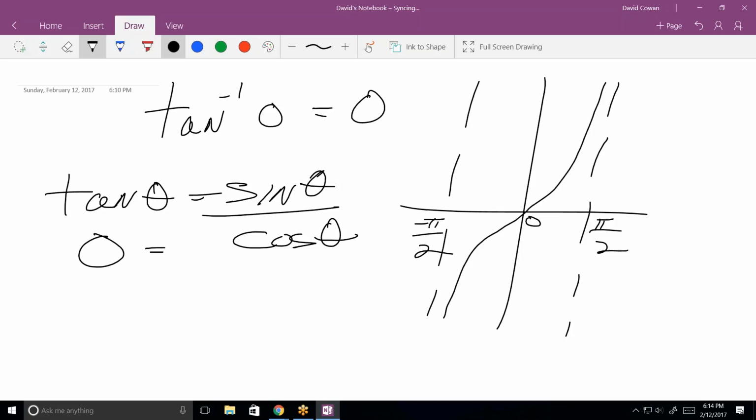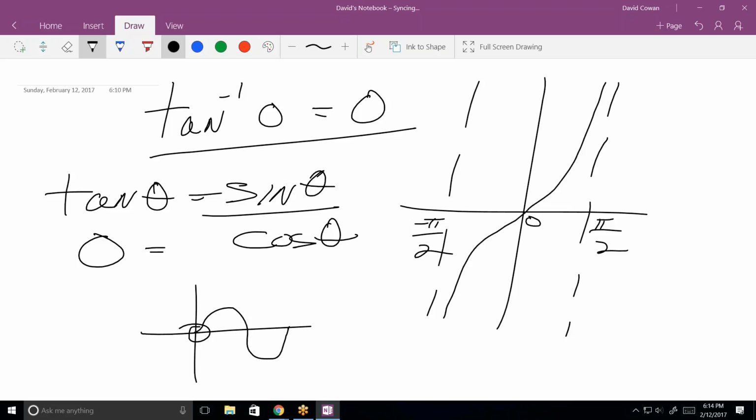And if you know your sine curve, the sine of 0 is equal to 0. So therefore the tangent of 0 is equal to 0. And as long as you know that, then you'll be able to answer that without a calculator.